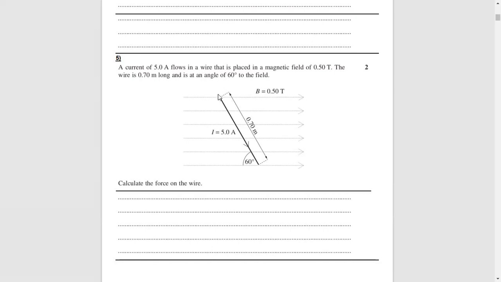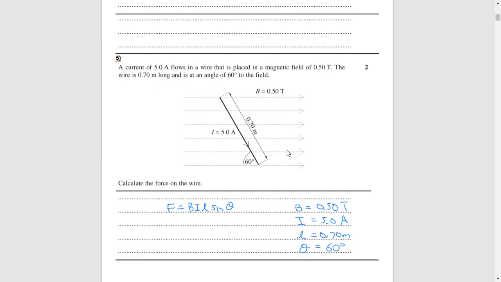So basically, it's a pretty straightforward question. We've got a wire carrying current, it's 5 amps. We've got a length, we've got an angle, we've got a magnetic field strength. This is direct application of F equals BIL sine theta. Of course, in an exam, you should be writing out all the things given. So you should be writing the formula like I've done there. Write B equals 0.5 Tesla, write I equals 5.0 amps, L is 0.70 meters, and theta is 60 degrees.